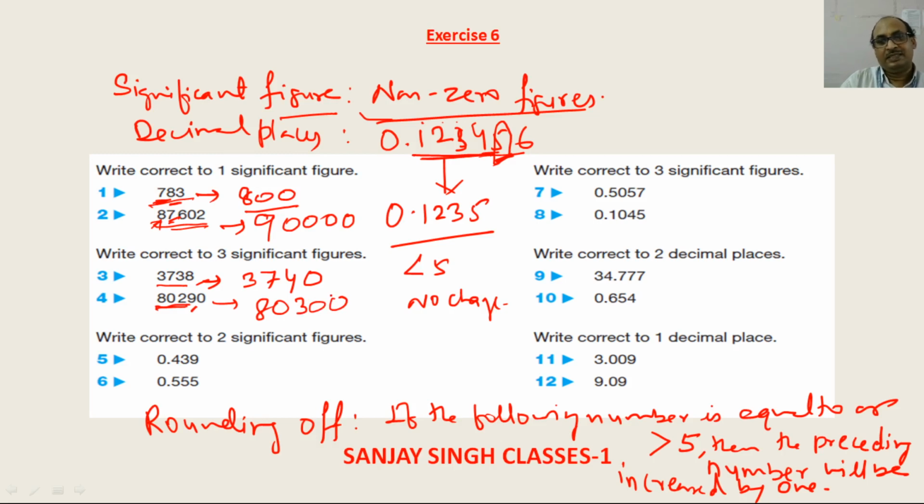I hope you have all understood now. Here 2 significant figures are required. After the decimal, the non-zero digits count. So 0.43 up to 2 significant figures: this 3 will become 4, so 0.44, and up to 2 significant figures only.